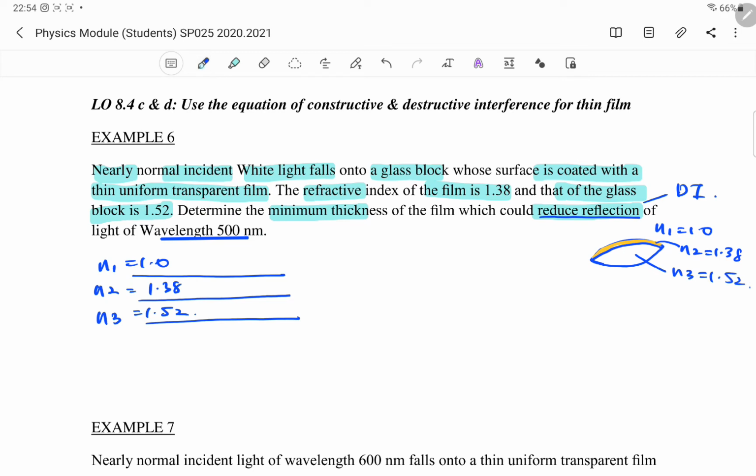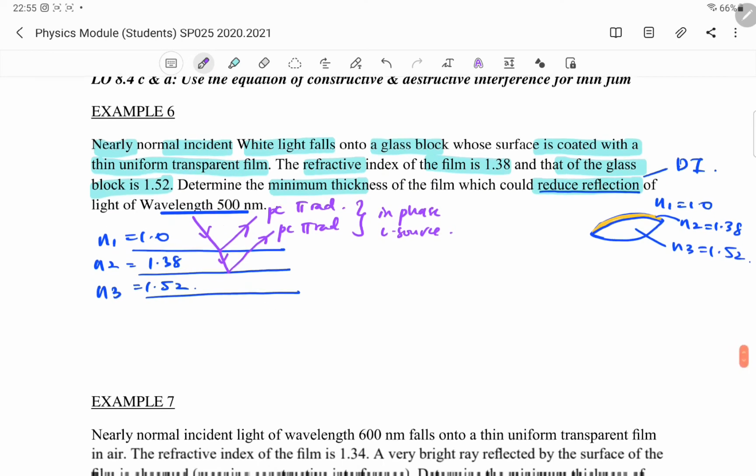So the incident ray comes from here and then reflects. Less to denser medium, so phase change sebanyak pi radian. Yang ni pun sama, refract and reflect, kat sini less to denser medium pun ada phase change sebanyak pi radian. So ini namanya in phase coherent source.